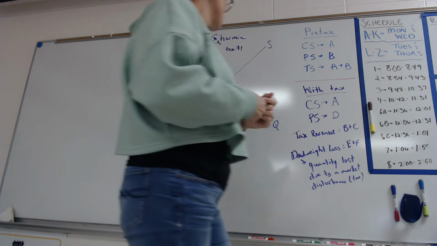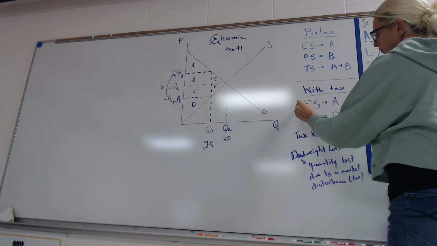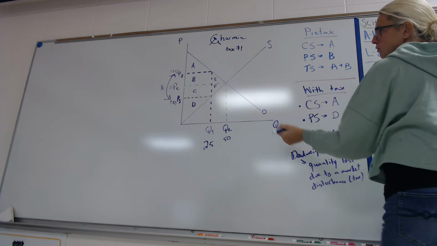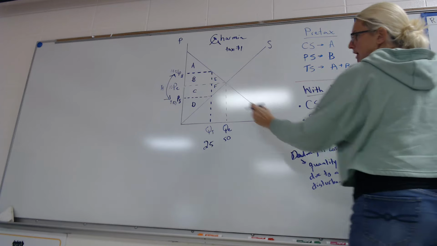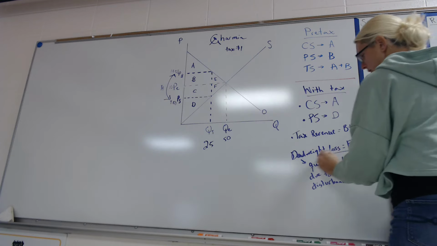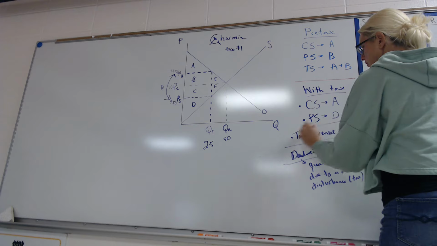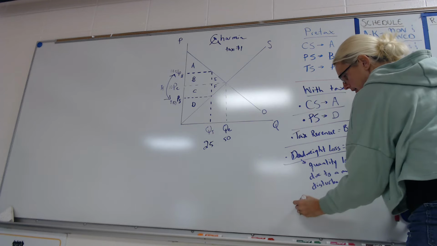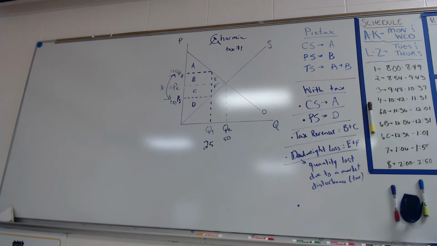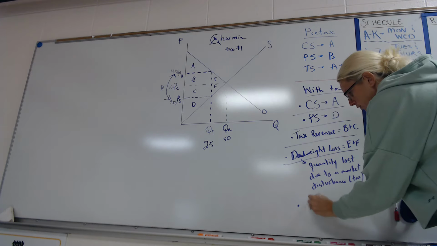So last thing I'm going to show you is, we've got consumer surplus, producer surplus, the tax revenue, the deadweight loss. I'll kind of do it like that. Okay, so the last thing we're going to look at is, see if you can see that on there. Yep, total surplus.